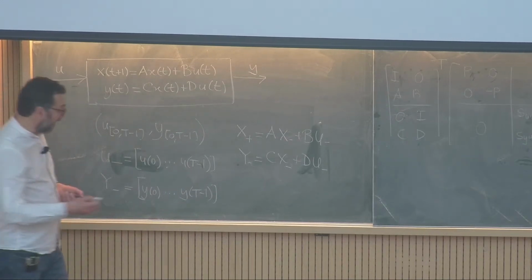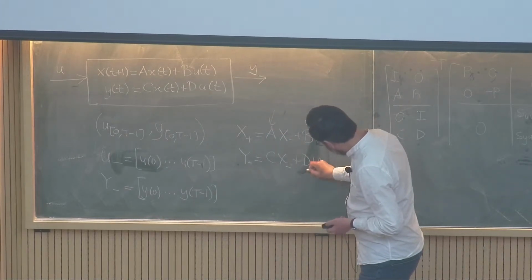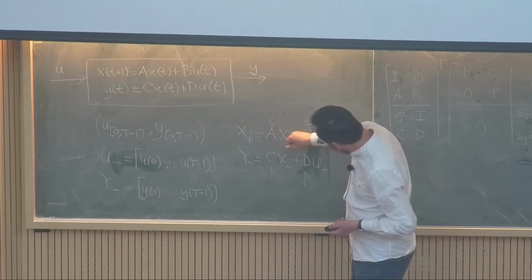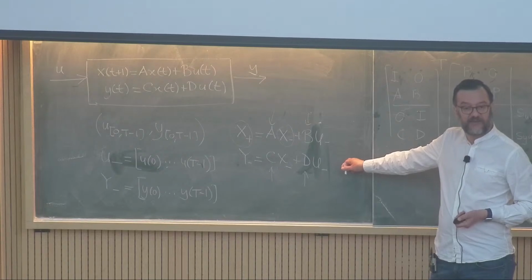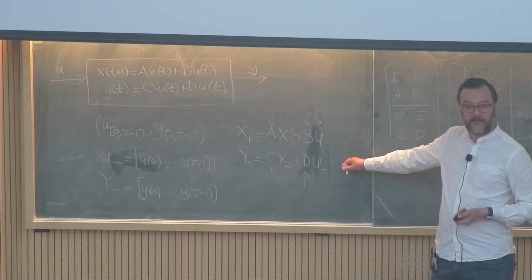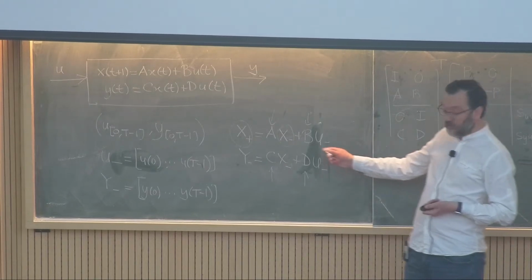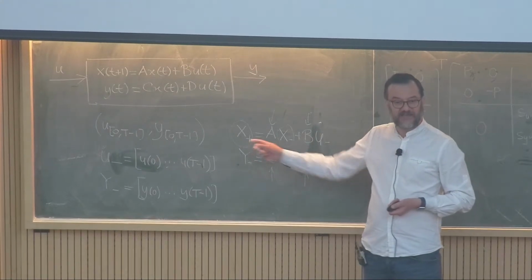And then I need to find A, B, C, D, and X minus, X plus, such that these equations are satisfied. If I fix n, right? But there is also a hidden constraint between X minus and X plus.